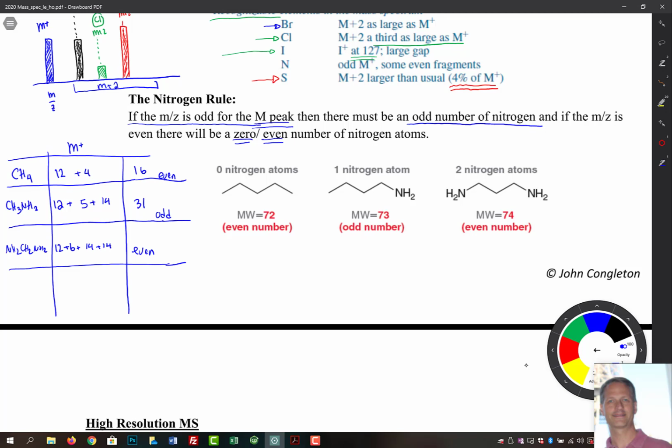So if you look at this trend over here, CH4 is an even number for carbon. You have 4 H's, that's even, so that's going to give you an even molar mass. If you take off an H and put a nitrogen on and put 2 hydrogens there, then you end up having an even number plus an odd number of H's, and an even number gives you an odd number down there. So that's kind of where that rule for nitrogen comes from.